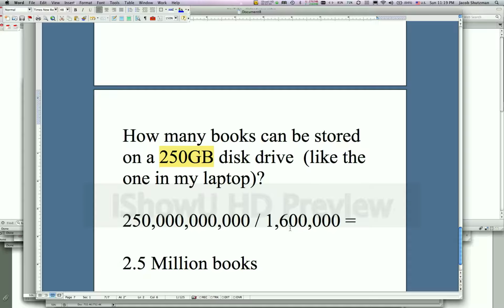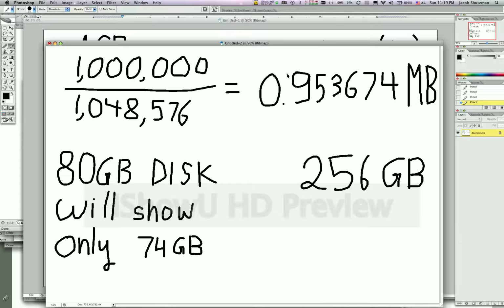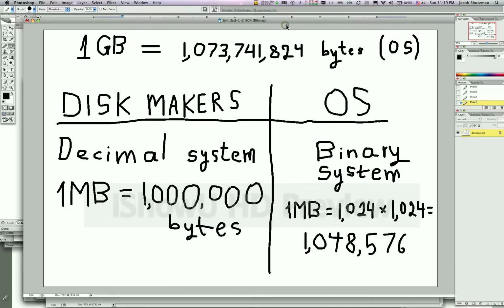Now let's talk about the confusion of memory, which I mentioned before, and I'll show you why sometimes when they tell us that the disk is a certain size, the computer thinks it's a different size. Let's start from here.